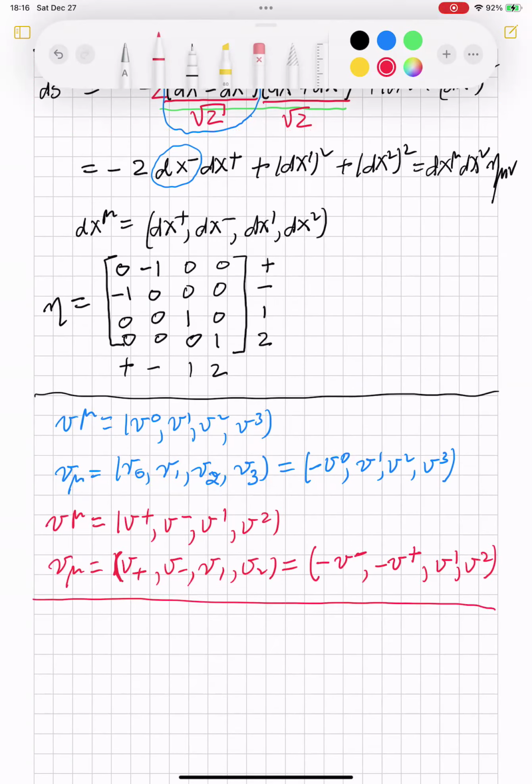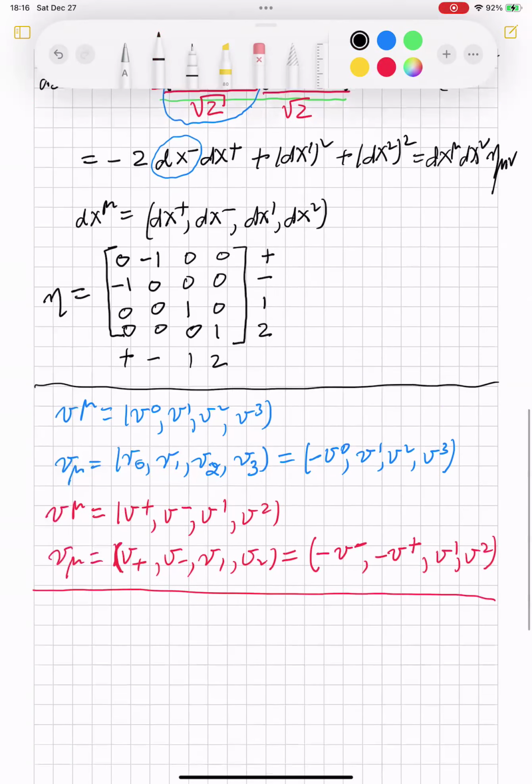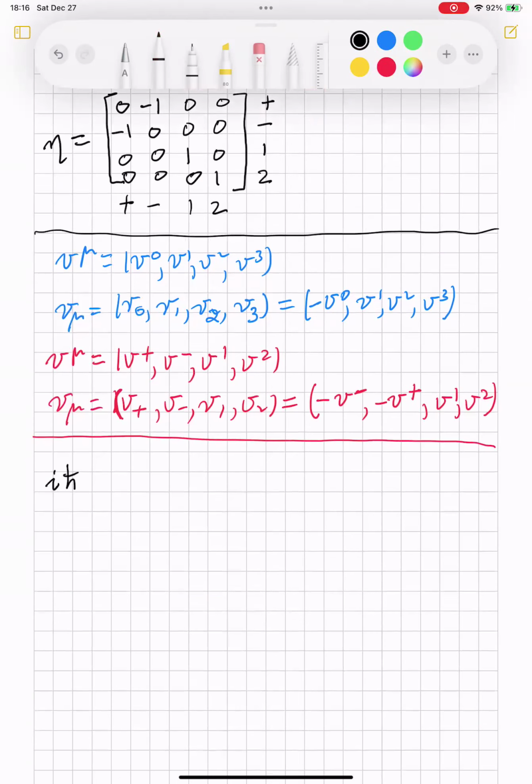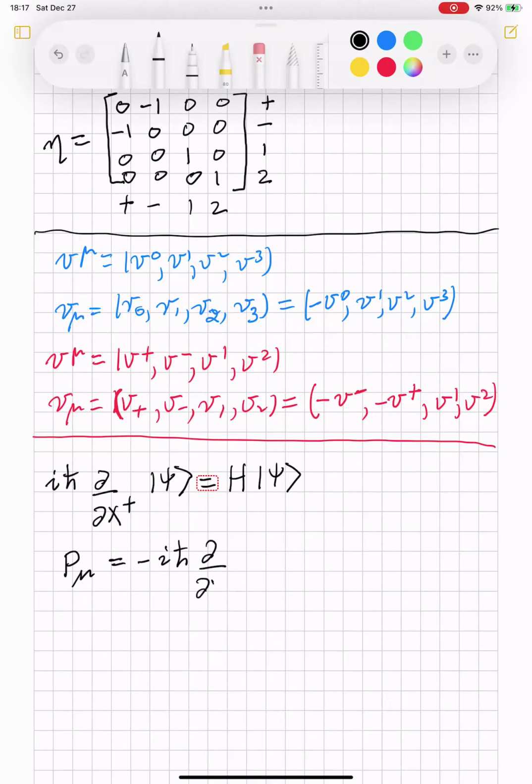Now, what is the Schrödinger equation? Well, the Schrödinger equation would say i h bar d by dx plus acting on psi would be equal to our light cone Hamiltonian, which I called h, acting on psi. Now remember that p mu is minus i h bar d by dx mu.